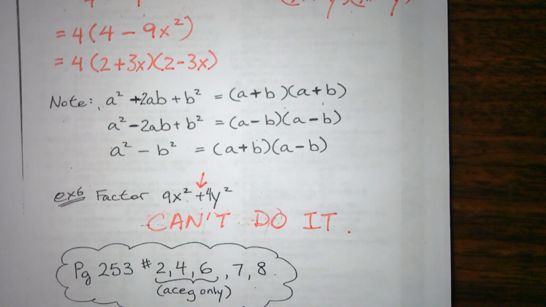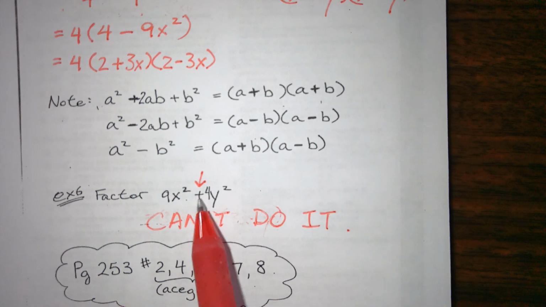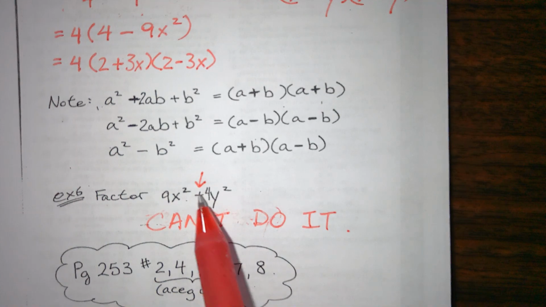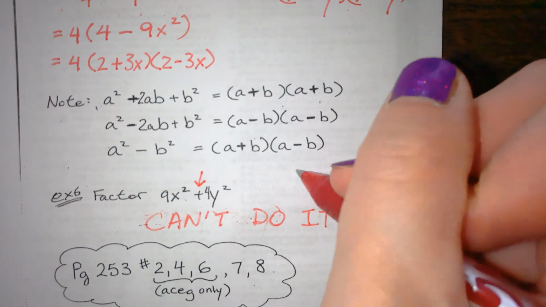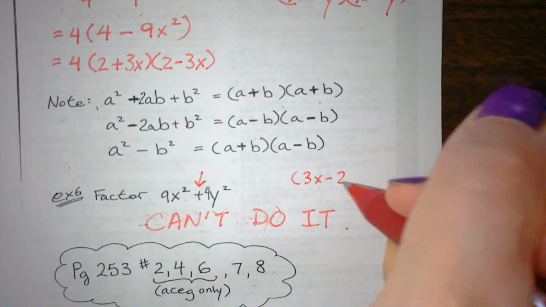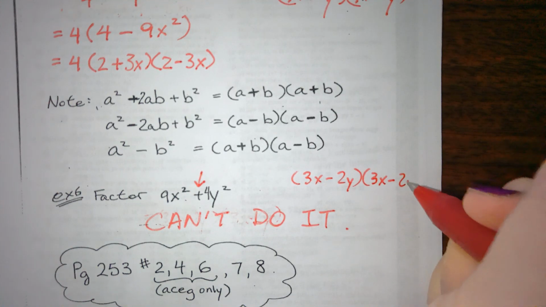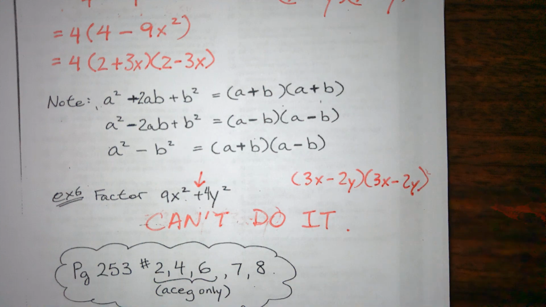Yeah. William. Why would it make it negative? If you made this a negative, then Jaden's answer would be correct. Why isn't it correct? If you did 3x minus 2y and 3x minus 2y, you'll have a middle term.